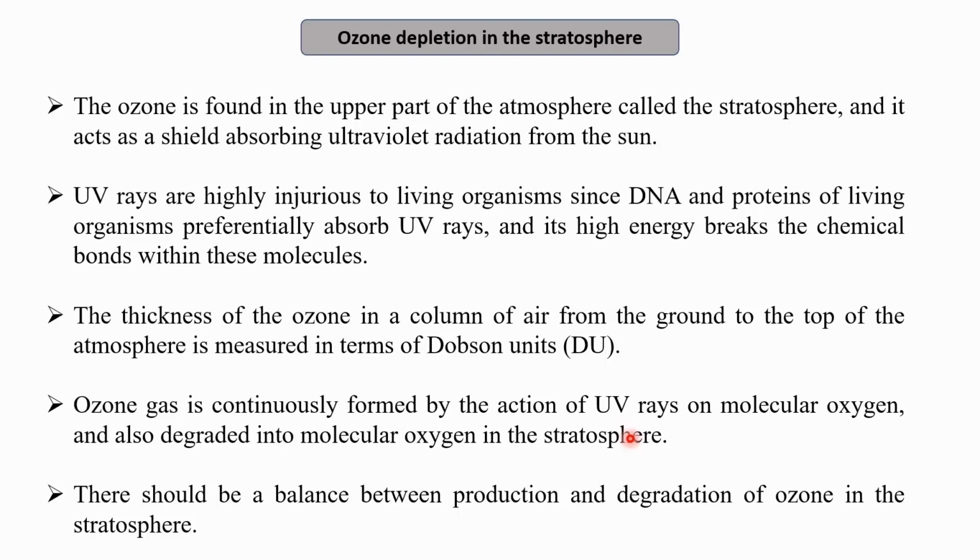These free radicals then combine with another oxygen molecule, resulting in the formation of ozone. However, this ozone is also being degraded into molecular oxygen, and it is being further degraded by the emission of harmful gases like CFCs, and therefore there should be a balance between the production and degradation of ozone in the stratosphere.